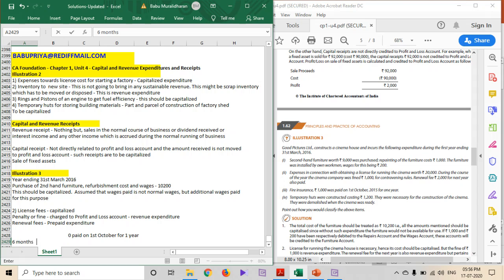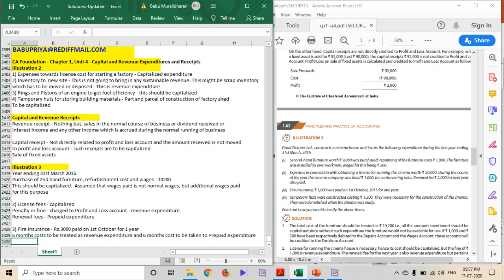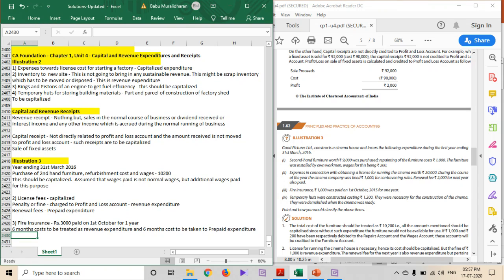So 6 months cost is to be treated as revenue expenditure, rupees 1,500 to current year P&L, and 6 months cost, rupees 1,500, to be taken to prepaid expenditure.